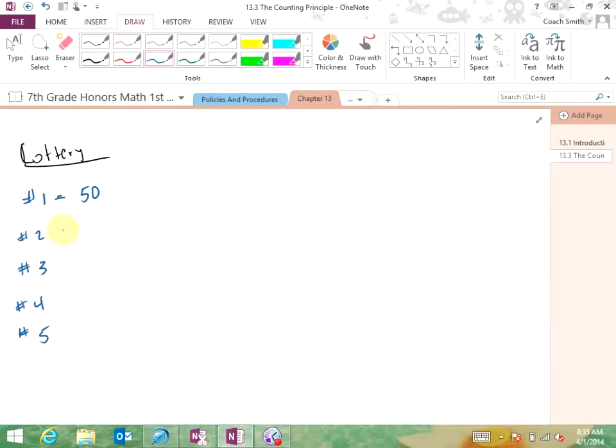No. So it would be 49 for the second number, 48 options for the third number, 47 options for the next number, and 46 for that number. Now, if we multiply those together, I'm going to do it on a calculator so I don't have to take the time.